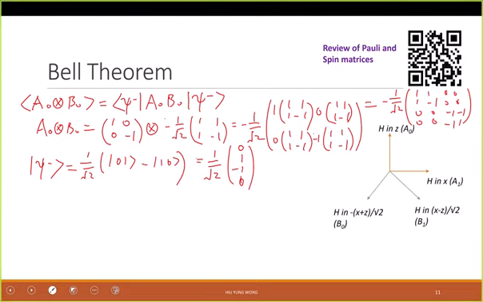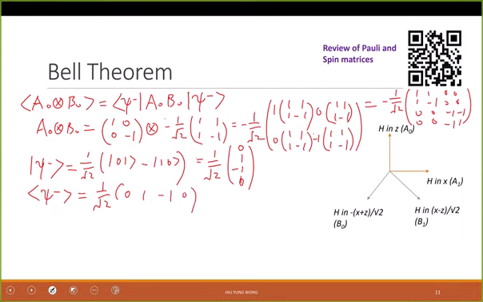Okay? So how about the bra version of psi minus? What do you do? It becomes a row vector, right? And I don't need to take the complex conjugates because this has all real coefficients. So the expectation value is easy. It's just A0 tensor product B0 expectation on this state, psi.